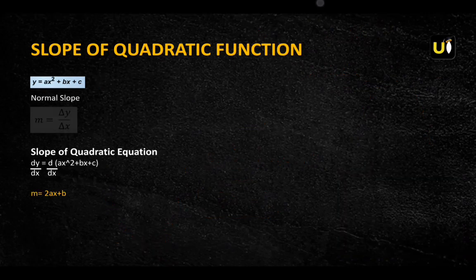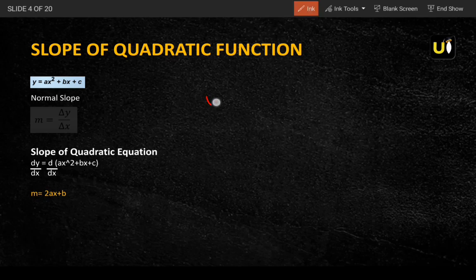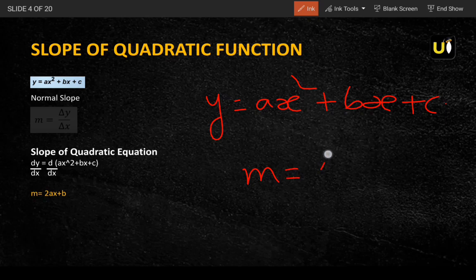That means dy by dx is equal to d by dx of ax square plus bx plus c, that is 2ax plus b. So this is the slope of a quadratic function.